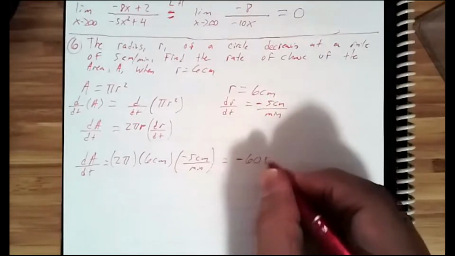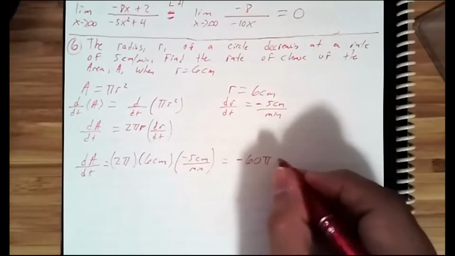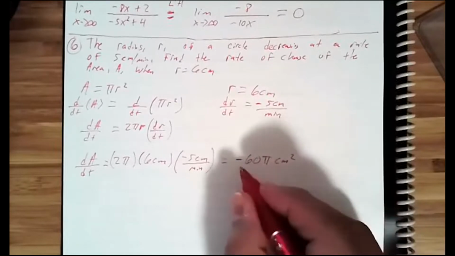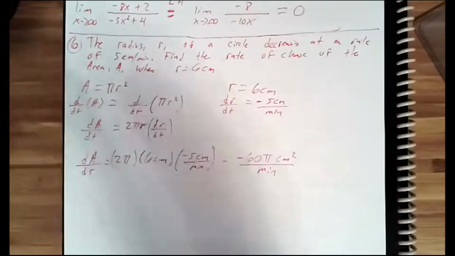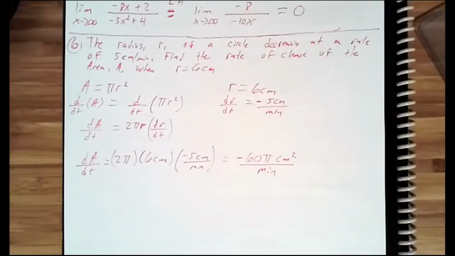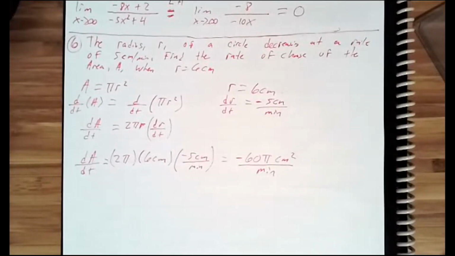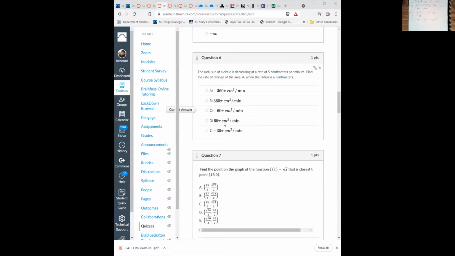Negative 60 pi centimeters squared per minute. That wasn't too bad. Yeah, there it is. So all you have to do is take derivative of the area formula and plug in what they gave you. That is all you had to do.